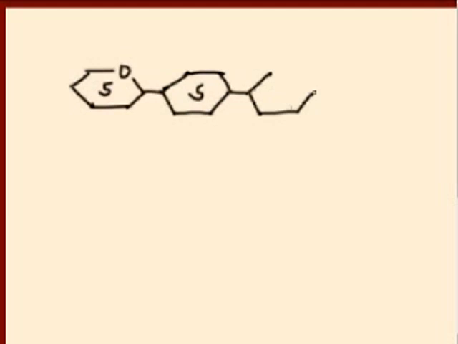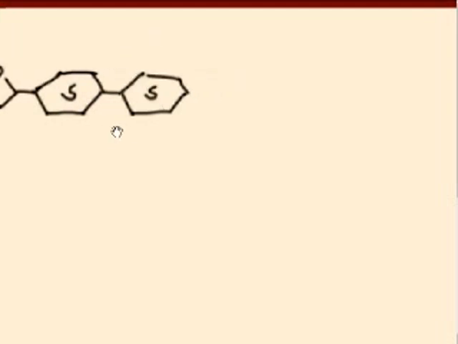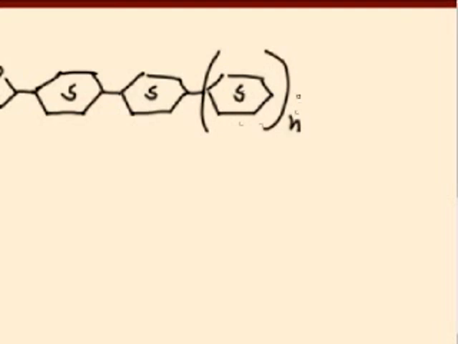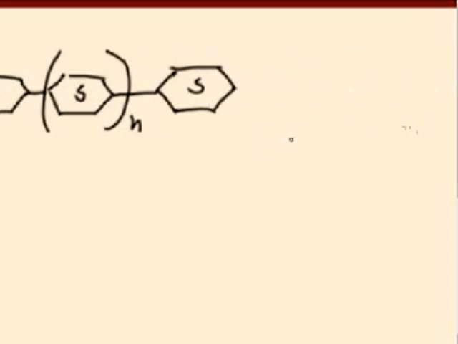If you keep on making these, if it has quite a few, not many, but maybe 10 to 15, this sugar now becomes not a polysaccharide yet, but an oligosaccharide, because remember, oligo means a few.